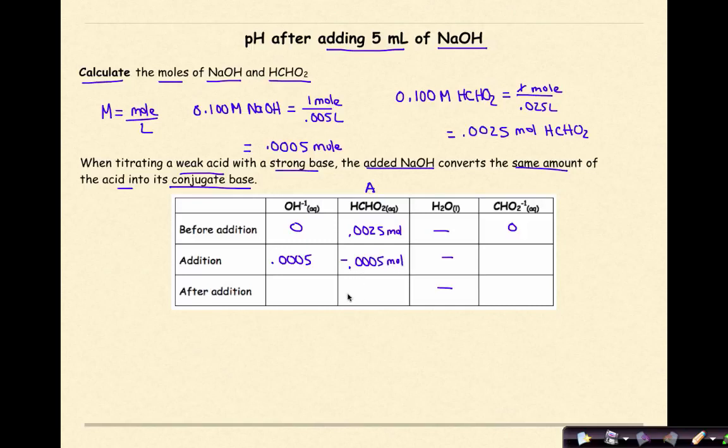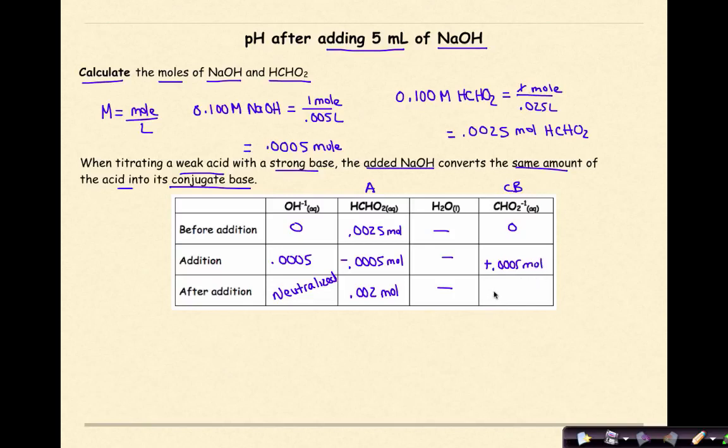So as a result, at the end, after the addition, this will be neutralized. I will have 0.0002 moles of my weak acid left. But at the same time, if I've used up a little bit of my weak acid, I have made some of my conjugate base. So here's my conjugate base right here. So plus 0.0005 moles of conjugate base made.